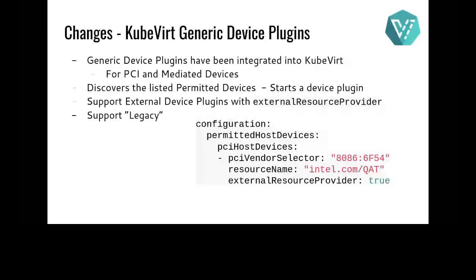And as part of this new model, KubeVirt will support external device plugins. This simply gets enabled by the administrator indicating that a given resource is being provided through an external resource provider on the list of permitted devices. It will allow the device in the cluster, but KubeVirt will not attempt to start a device plugin for this device, and will expect the allocations to come from an external device plugin.